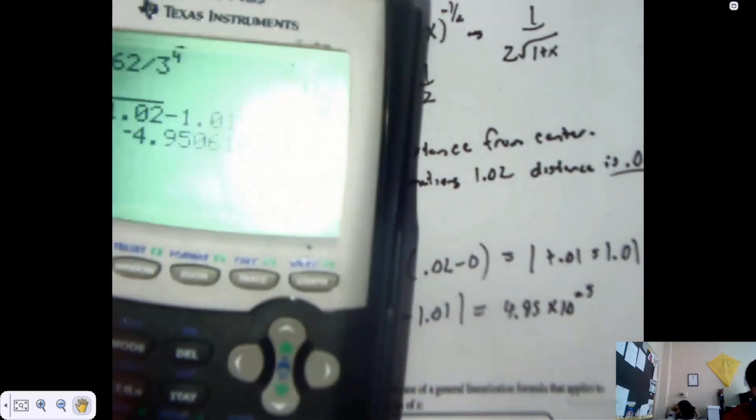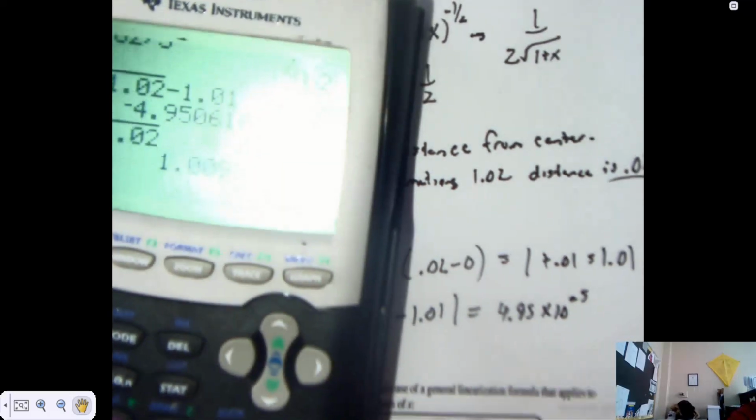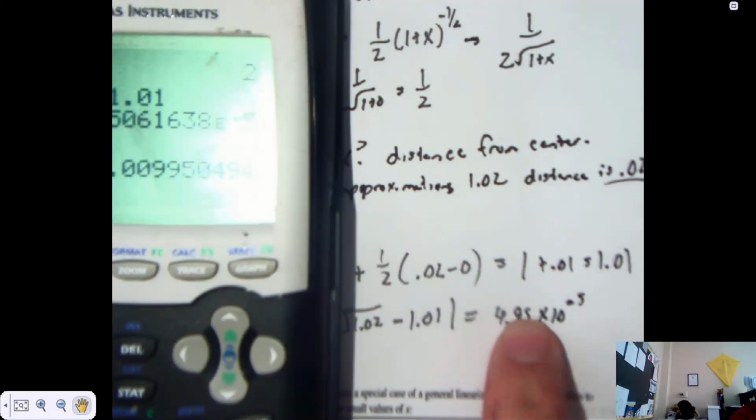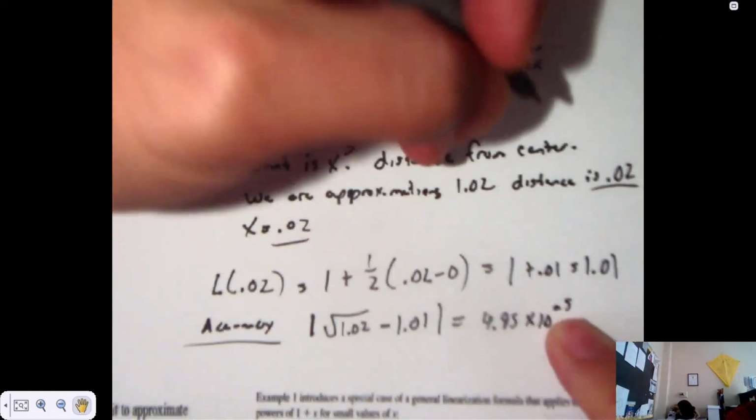You can kind of see how close they are. Square root of 1.02, 1.009. Really not that far off, are we? No. That's the difference between the two numbers. 4.95 times 10 to the negative fifth power. Very, very tiny difference. When you report this, like if you're asked to report the accuracy, you decrease the exponent by 1.